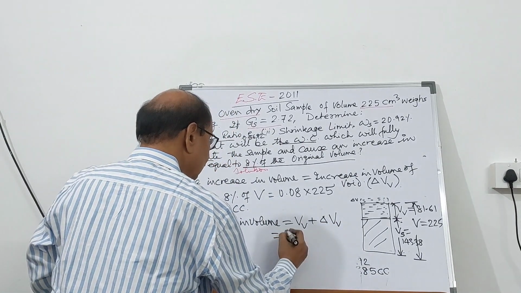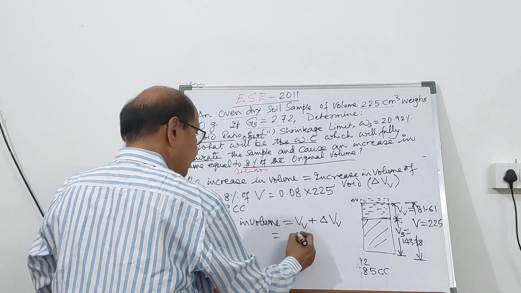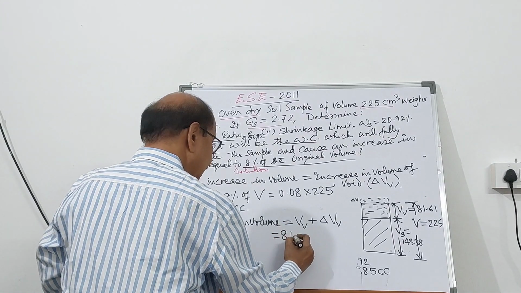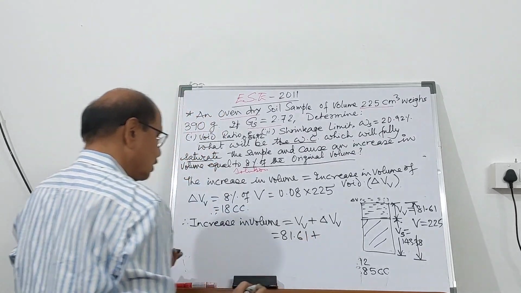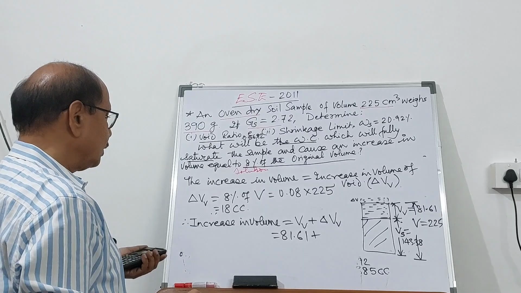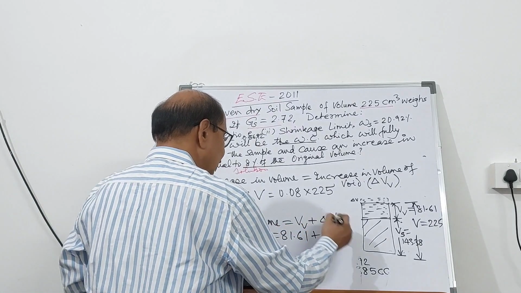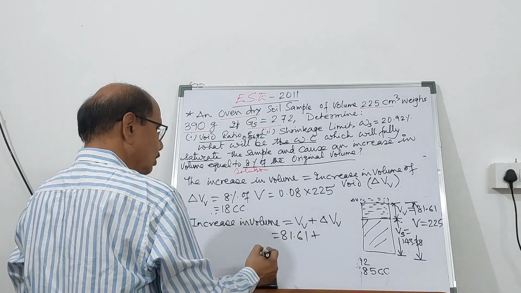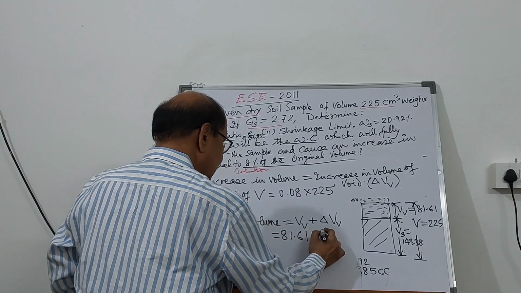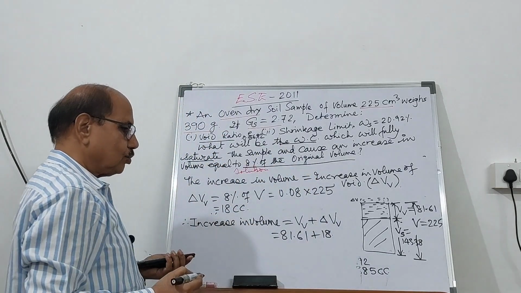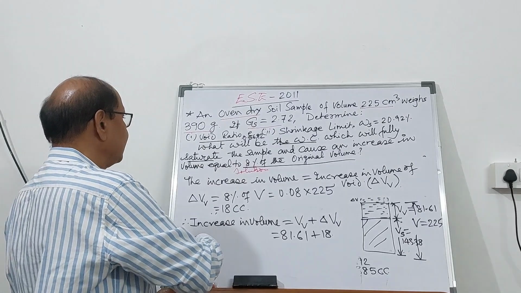So it can be calculated: 81.61 plus 18. The total volume of void becomes this quantity, so you can simply calculate this. So what is the increase in volume can also be calculated.